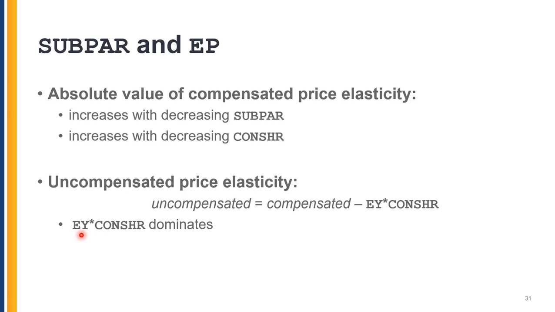He notes here that the second effect, the income elasticity times the consumption share, is really dominant in this calculation. So the uncompensated is going to be mostly determined by the second effect.